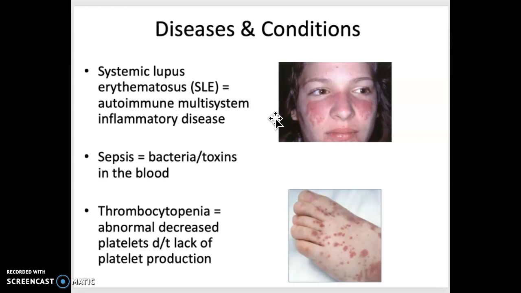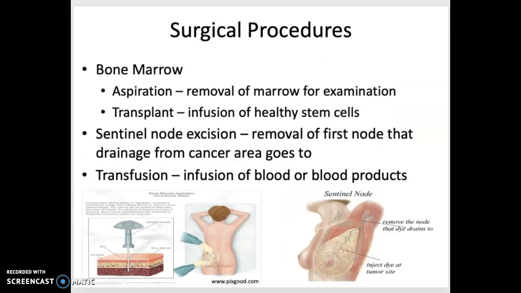Systemic lupus erythematosus, or also just called lupus, is an autoimmune disease that causes chronic inflammation and it affects multiple body systems. And then just some medical and surgical procedures.